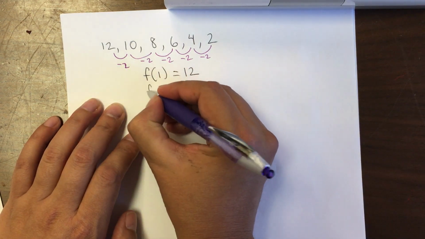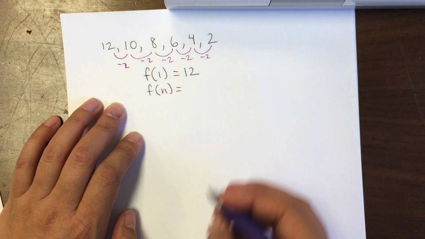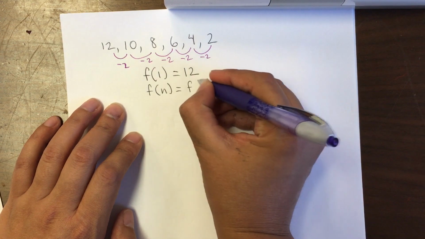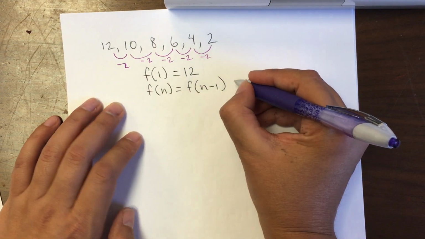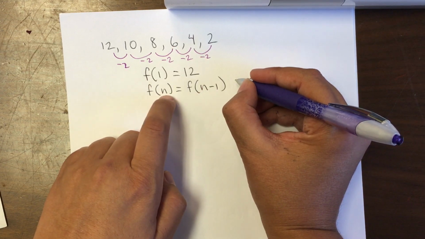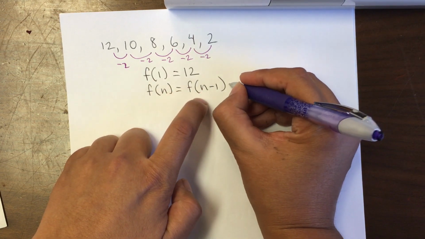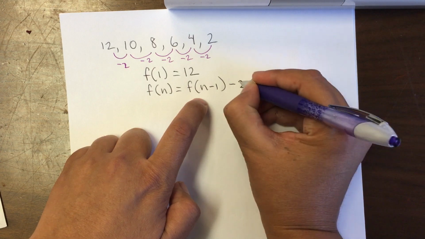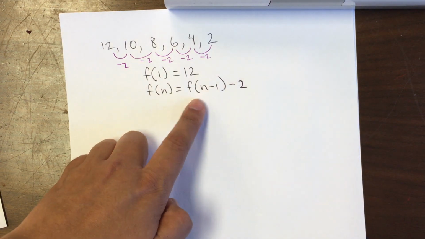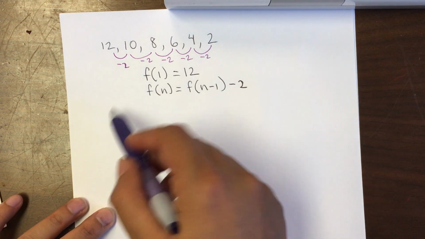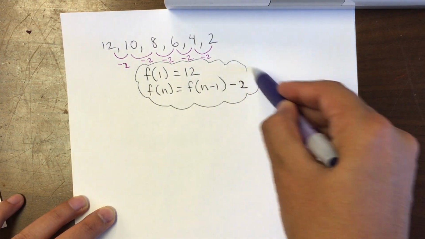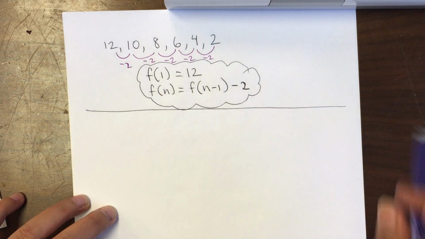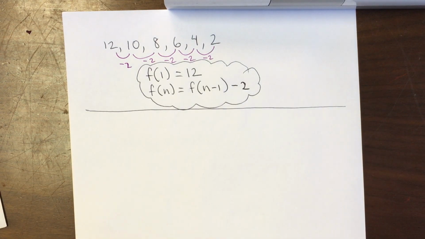So for my f of n, I will write f of n minus 1, previous one, right? For f of n, find the previous one and subtract 2. Okay? So this will be my recursive formula. Take a minute to write that.